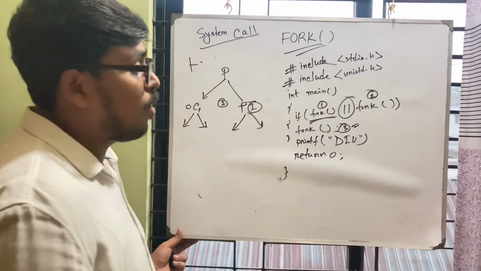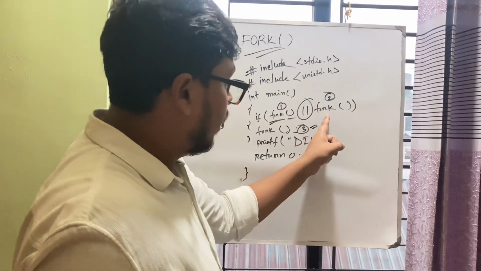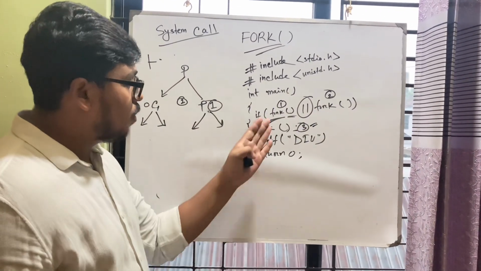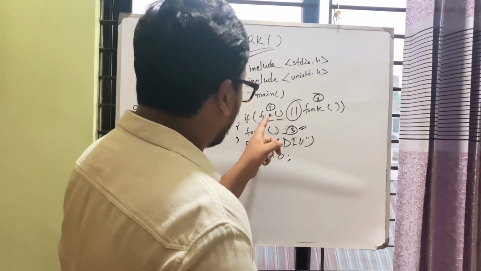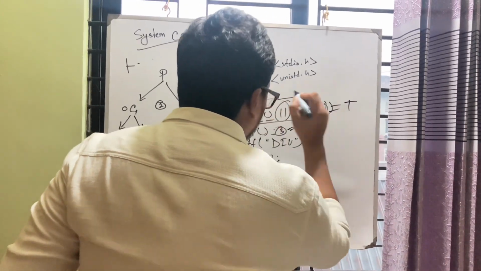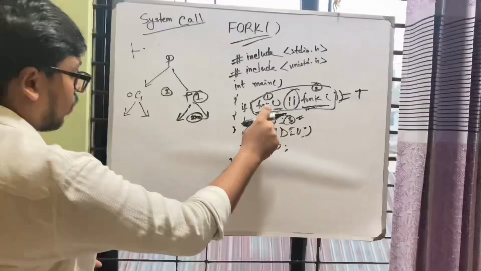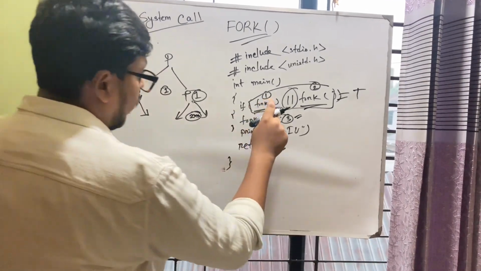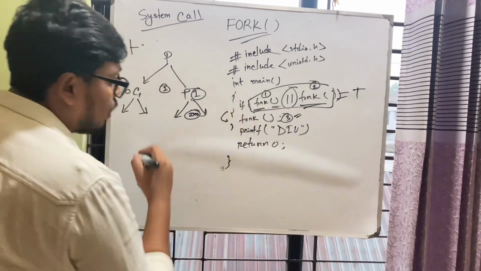But you are wrong. If we find 1 the first time, we never execute the next fork. As we know, when we execute the first fork, at that time the total case will be true, and we don't need to execute this line for this child. When we got 0, we must execute this line.